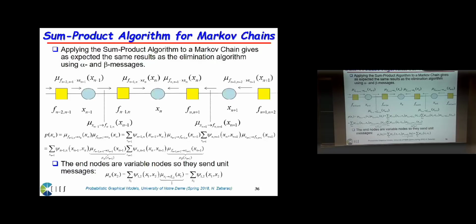And obviously, to start this algorithm, you need to use the boundary conditions that I indicated before, and we have done this for the alpha and beta messages.